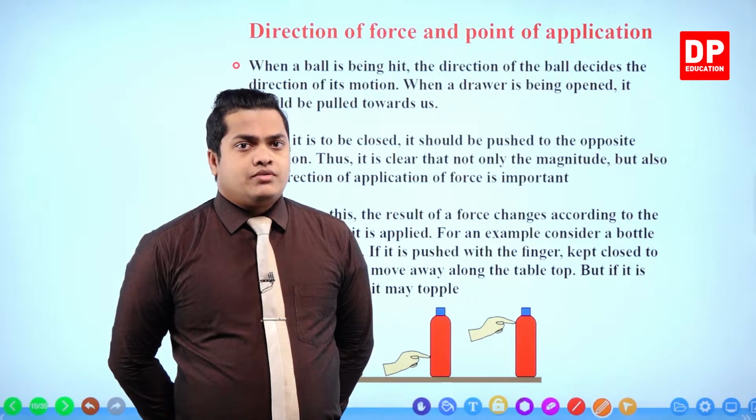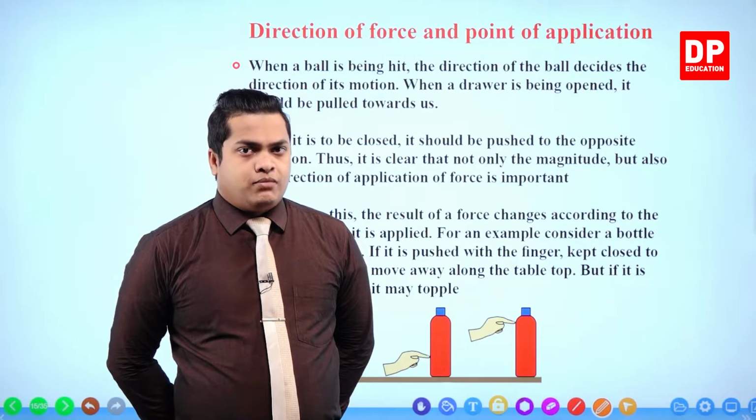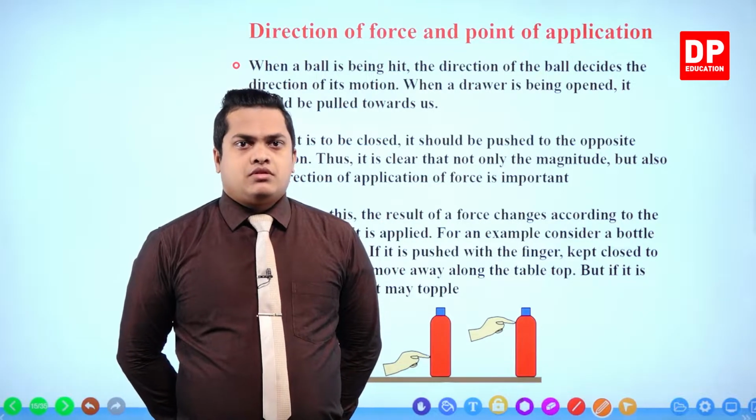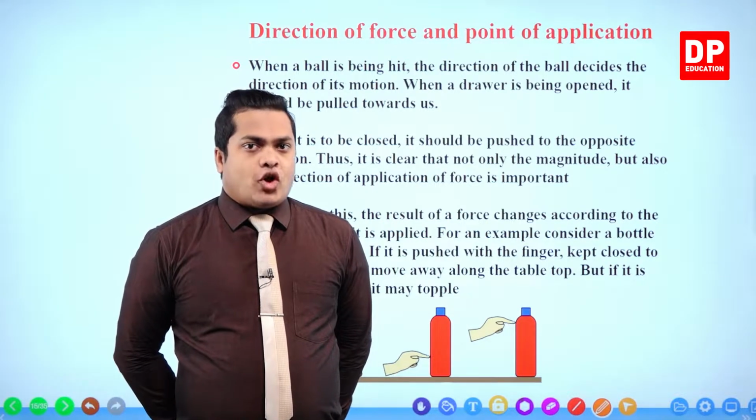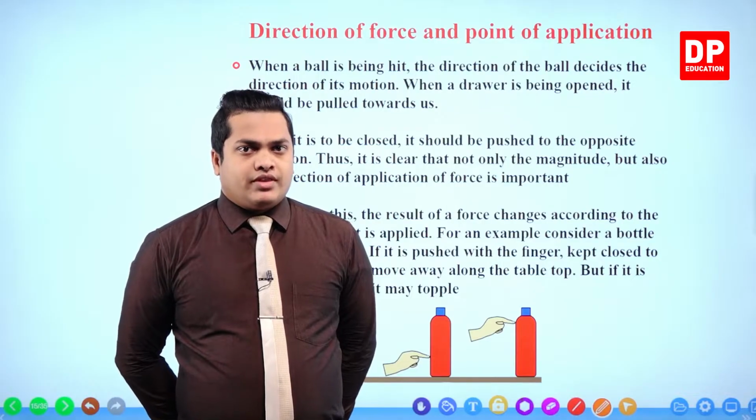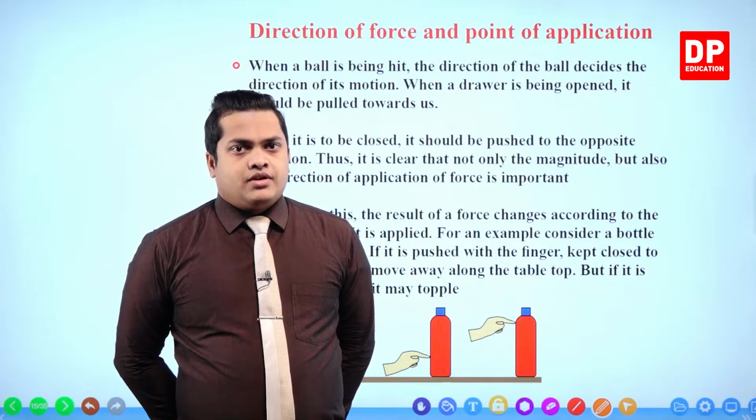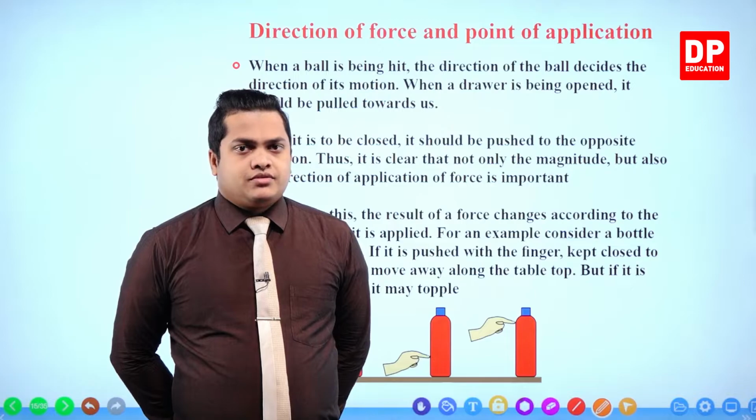You don't know whether it is opening by a push or whether it is opening by a pull. If it is not printed on the drawer or on the door, whether pull or push, then you definitely don't know at all.